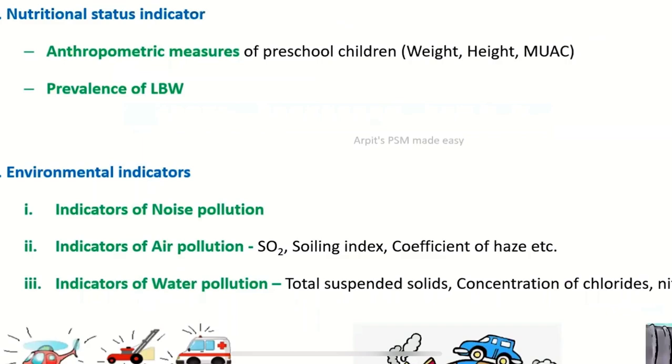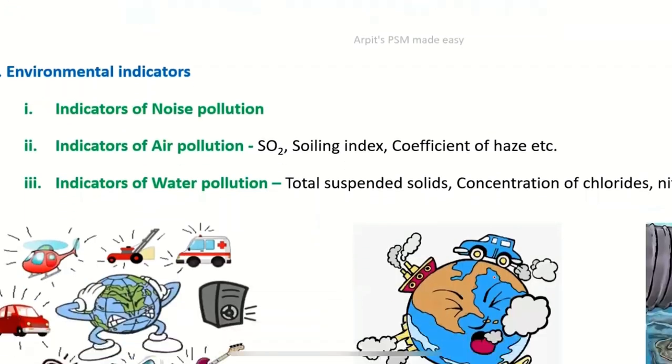And the prevalence of low birth weight, the baby weighing less than 2.5 kg. Heights and sometimes weights of children at school entry can also be taken as an indicator of the nutritional status of that area.